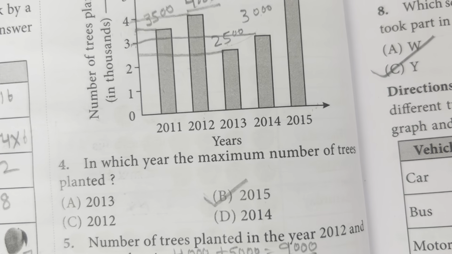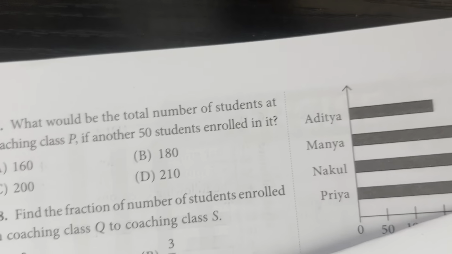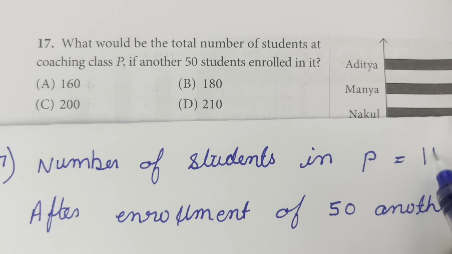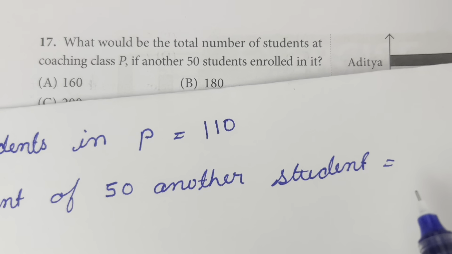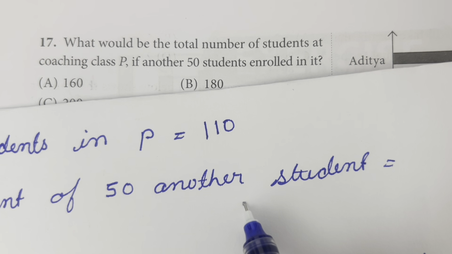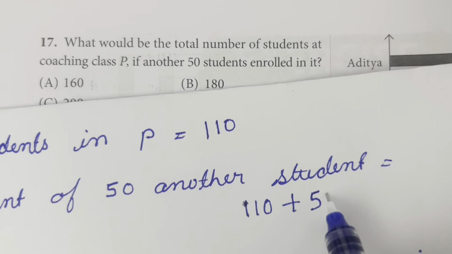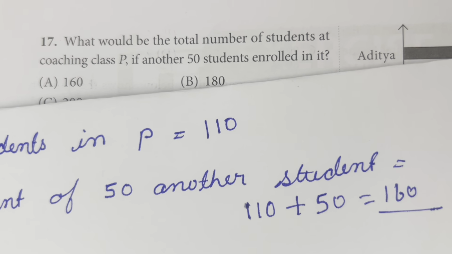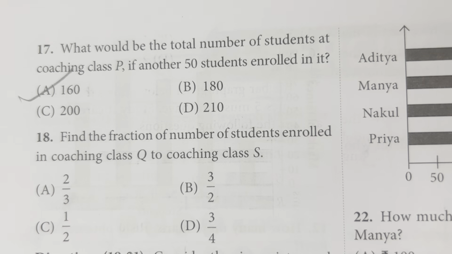So the number of students in P is equal to 110, and after enrollment of another 50 students, how many students in the class? 110 plus 50, that is equal to 160. So our right answer is 160. So option A is the right option for question number 17.